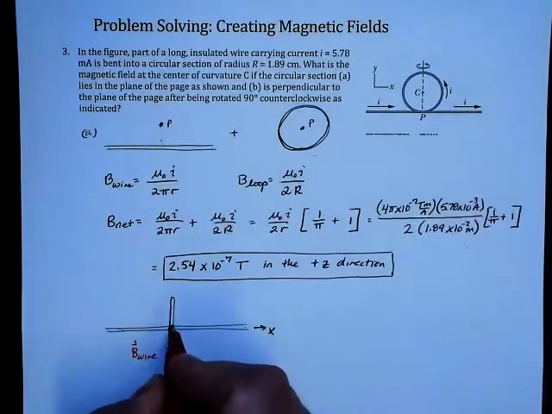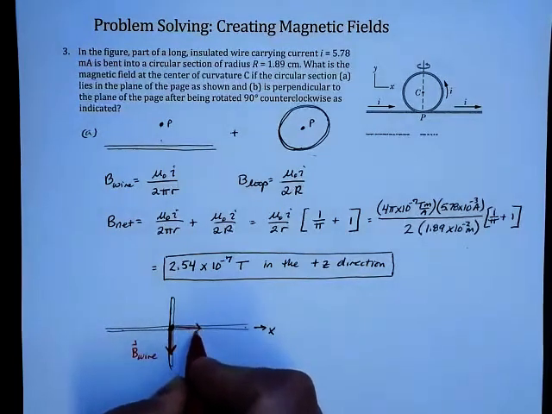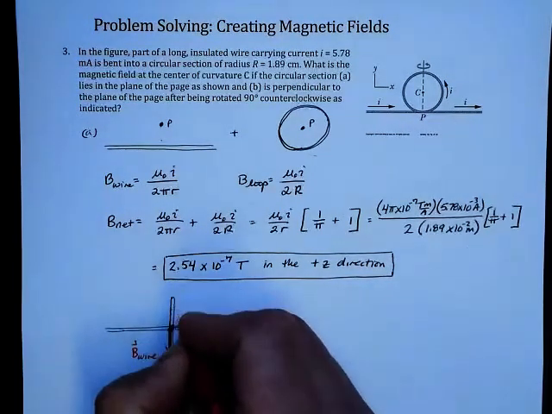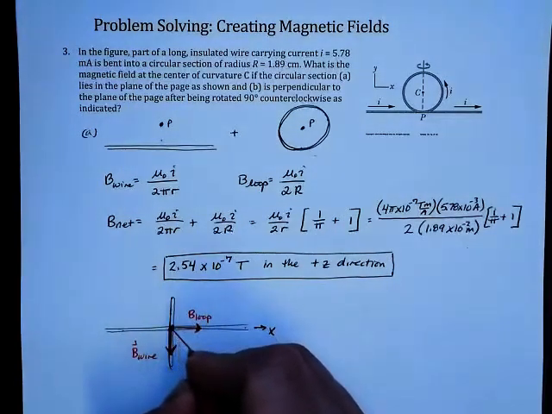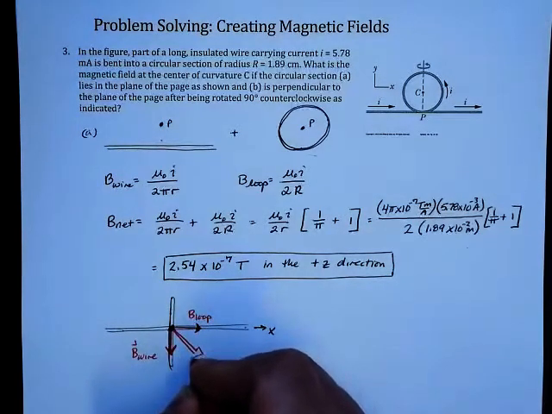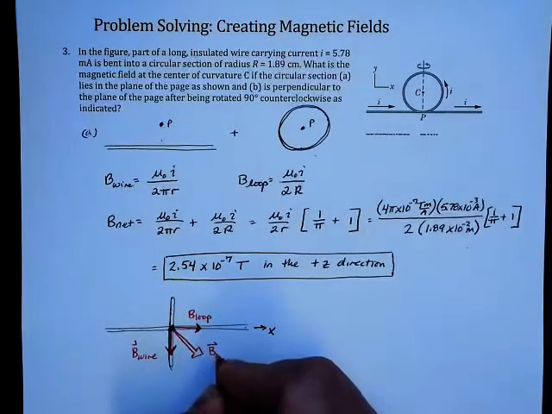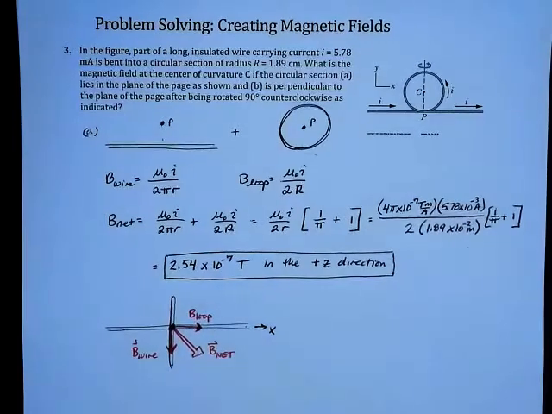The magnetic field from the loop is going to be pointing to the right. And this means that the overall magnetic field from this whole system points down and to the right. So there's the net magnetic field.